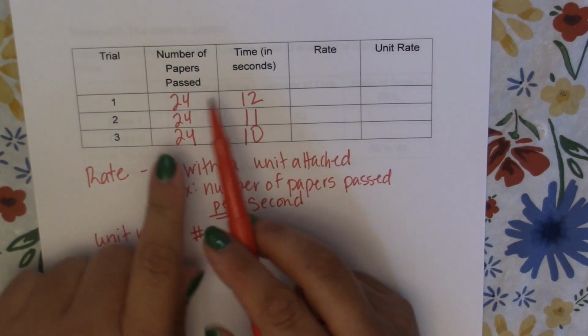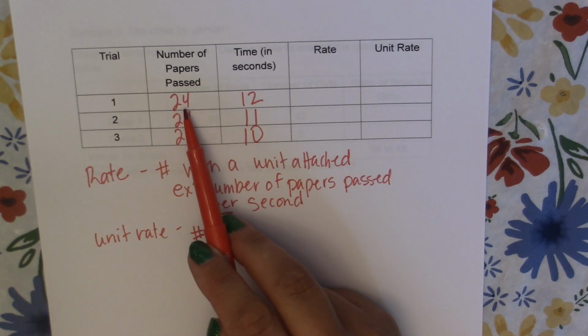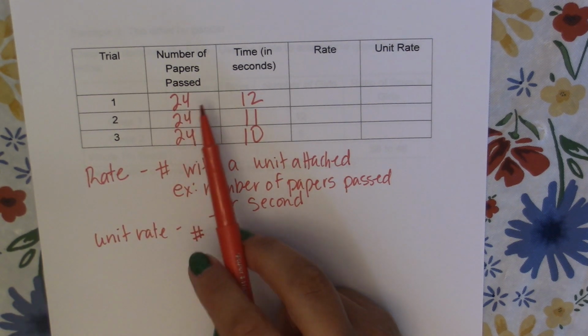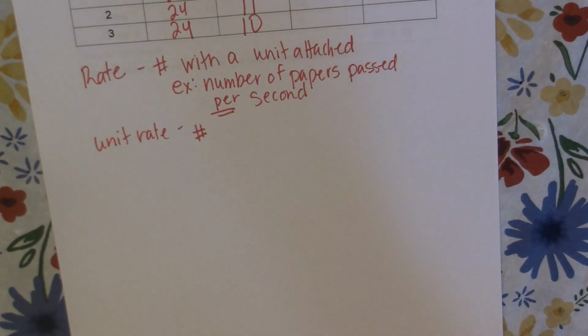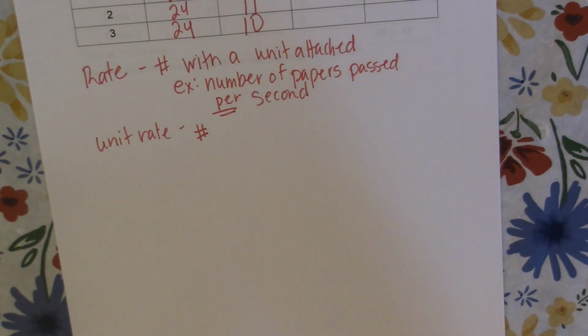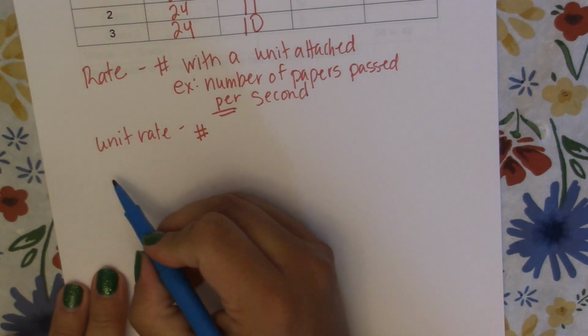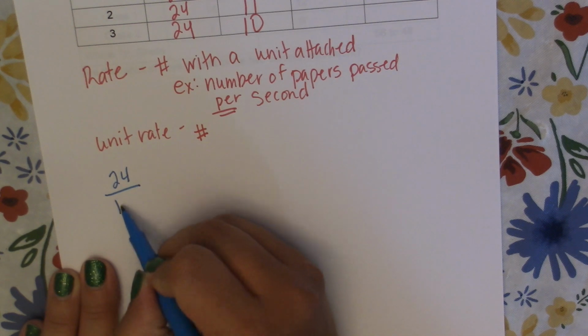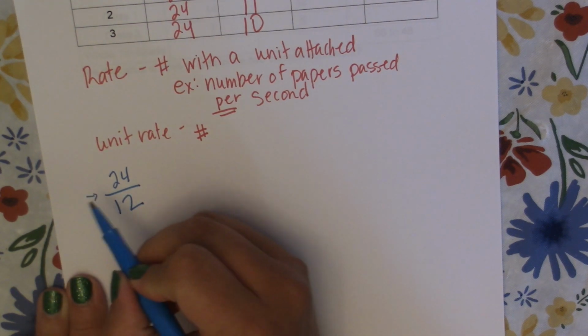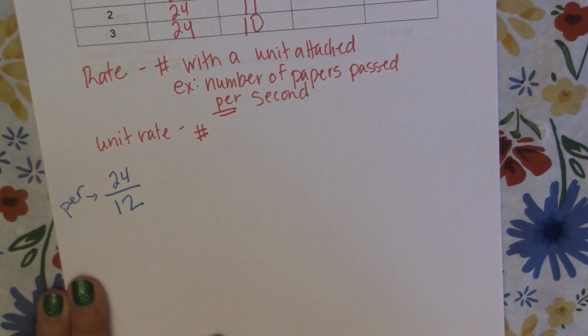To find this, we take our number of papers passed and put it over our time. When we talk about the word per, we show that as a fraction or a division line. So we're going to do 24 per 12. This line right here means per.